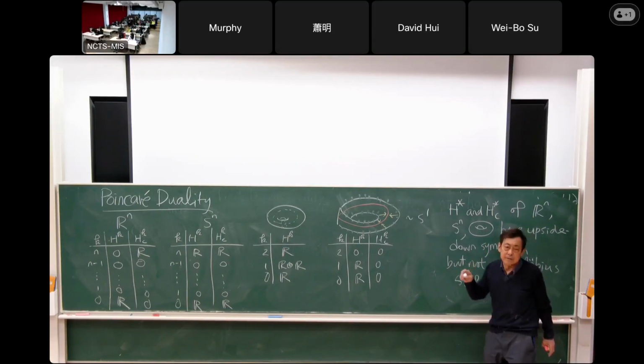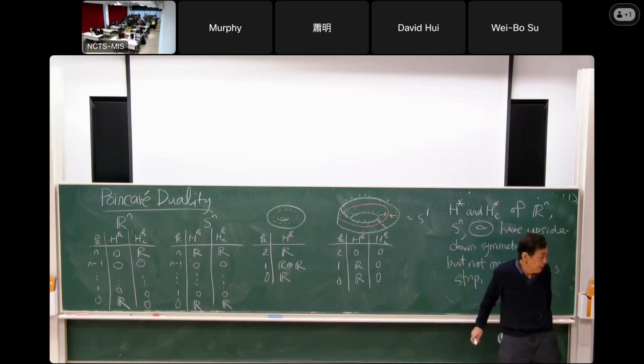What is the difference between the first three manifolds and the open Möbius strip? Yeah, the first three are orientable, and the open Möbius strip is not.